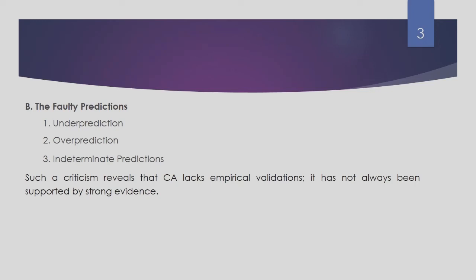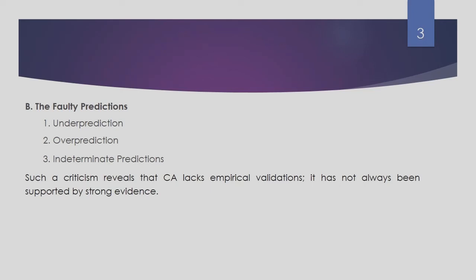The last problem with predictions is making indeterminate predictions. James, in his research about CA, argues that contrastive analysis provides indeterminate predictions. The predictions in this case are not exact. James explains this.